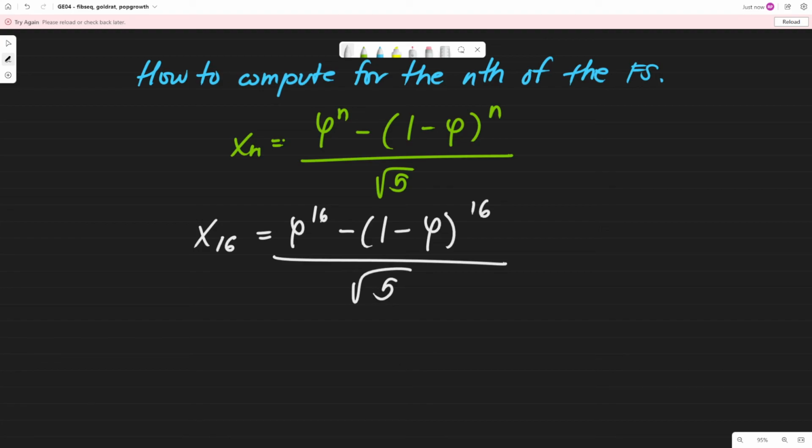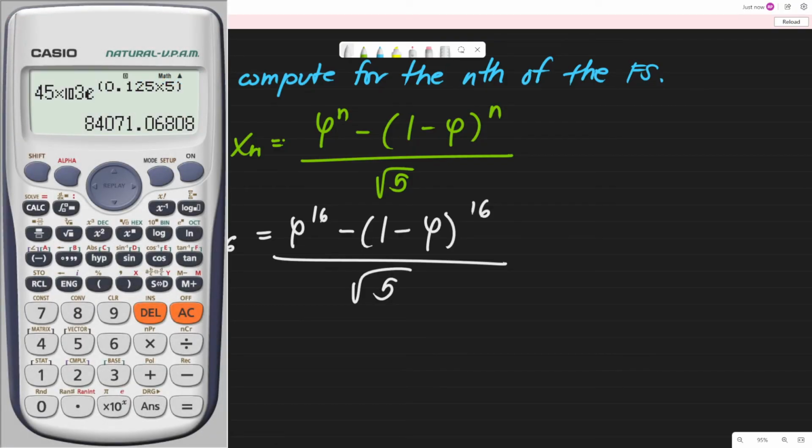So palabasin ko lang ulit yung aking calcu. Ayan. So para hindi kayo mahirapan, guys, actually you can store the value of c. So we have 1/2 plus square root of 5 over 2. So how can we store this one?